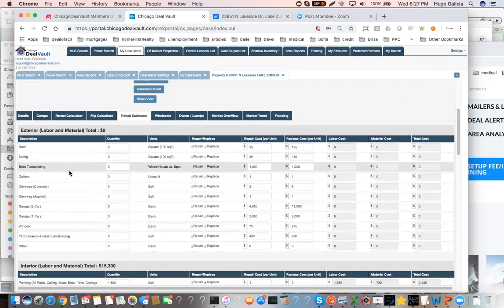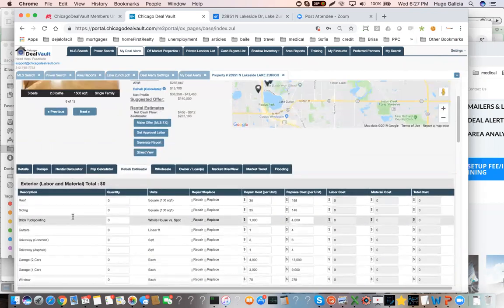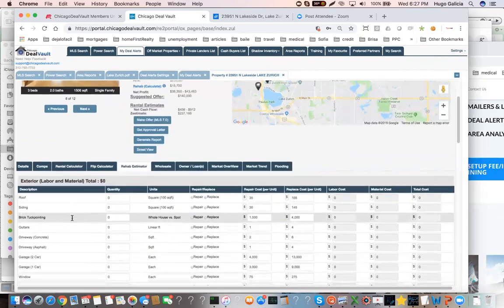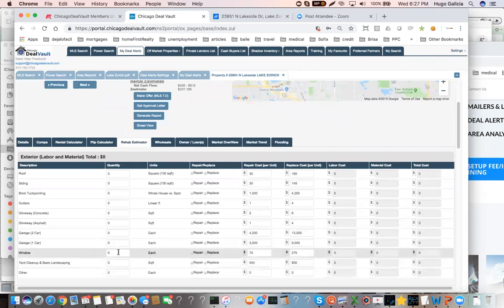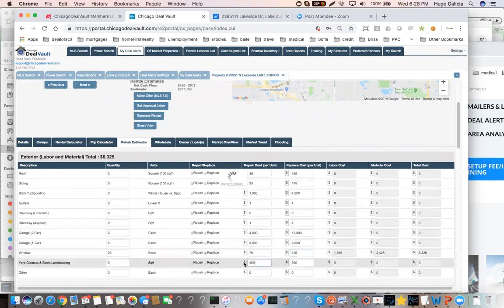Once we went into the property to take a look at it, we did realize that we needed windows, and some of the windows were big. So we replaced 23 windows at 425 each, okay?